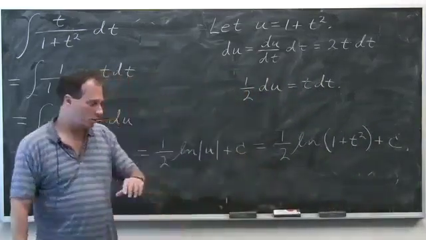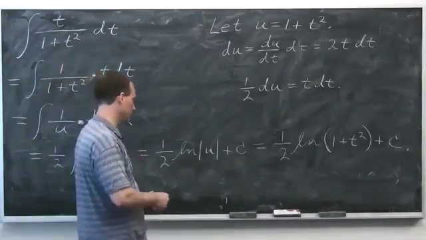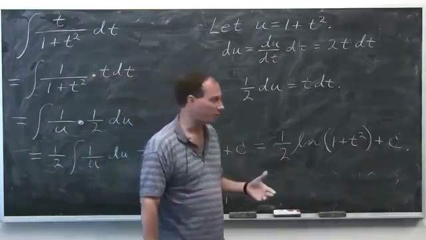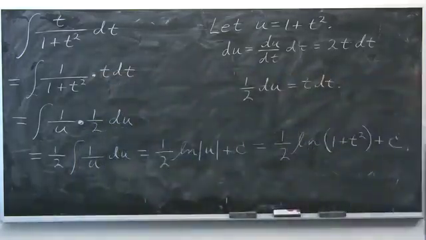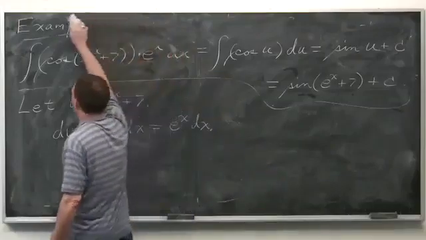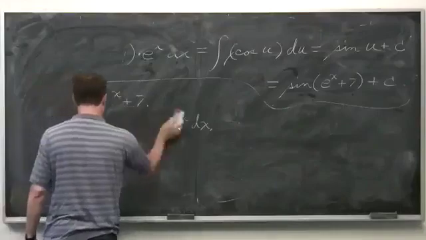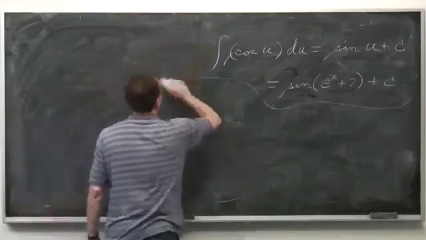Okay, there's one other differentiation formula that I want to go over in reverse. It's fairly complicated. It's the product rule in reverse, which doesn't seem like it should be complicated. And yeah, it is.